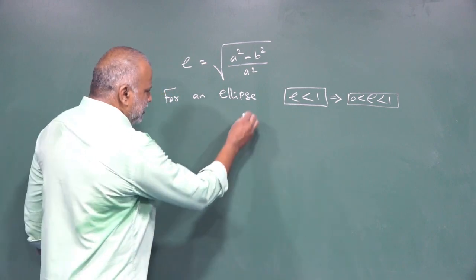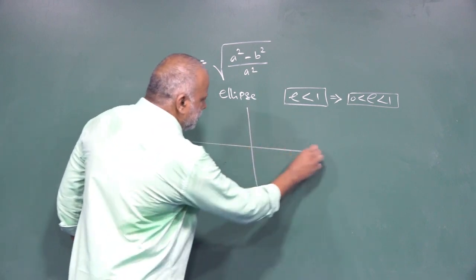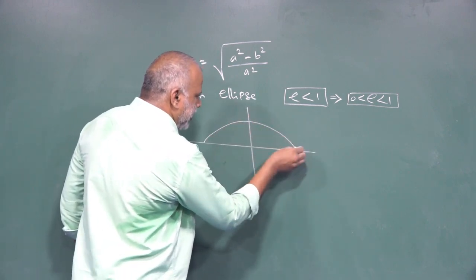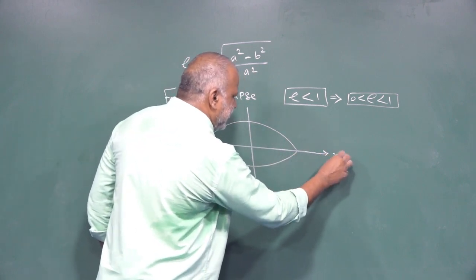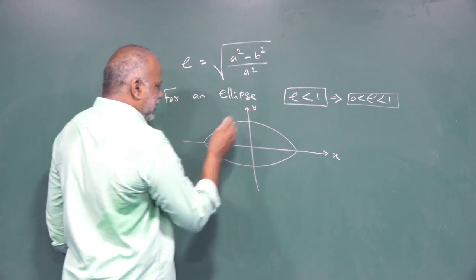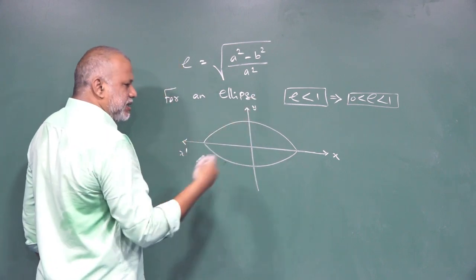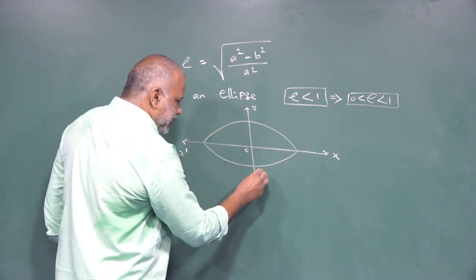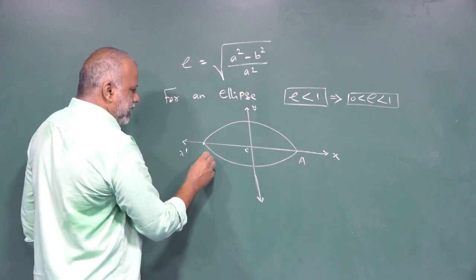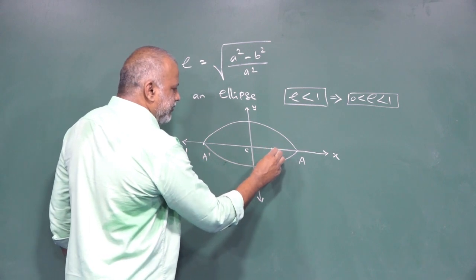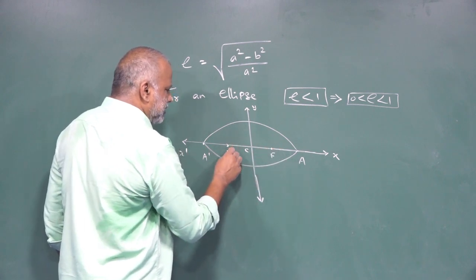Now listen, this is the general diagram. Here, general diagram means I am always taking the first type, unless otherwise mentioned, in which case you can take the second type. Here is the center. This is A and this is A dash. This is F, this is F dash.